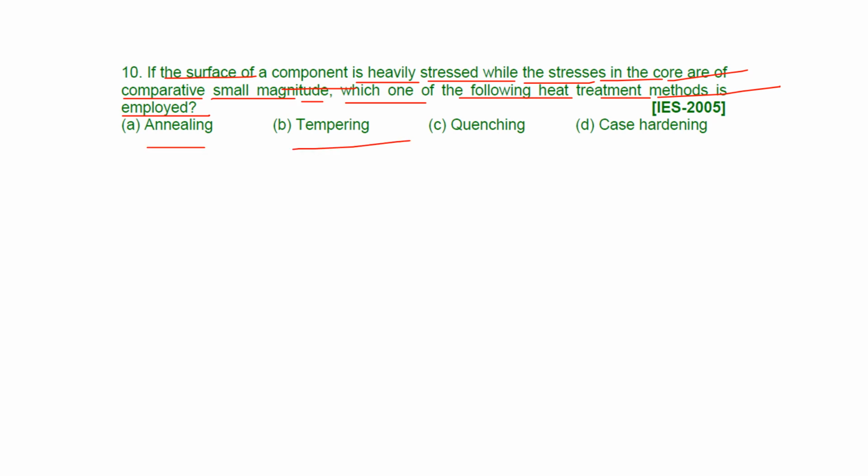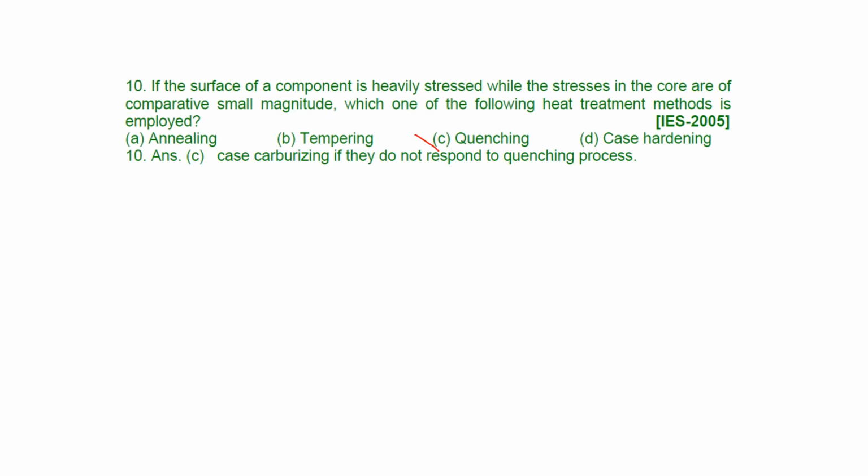Annealing, tempering, quenching, case hardening. This is actually C, quenching. Case carburizing is used if they do not respond to the quenching process.